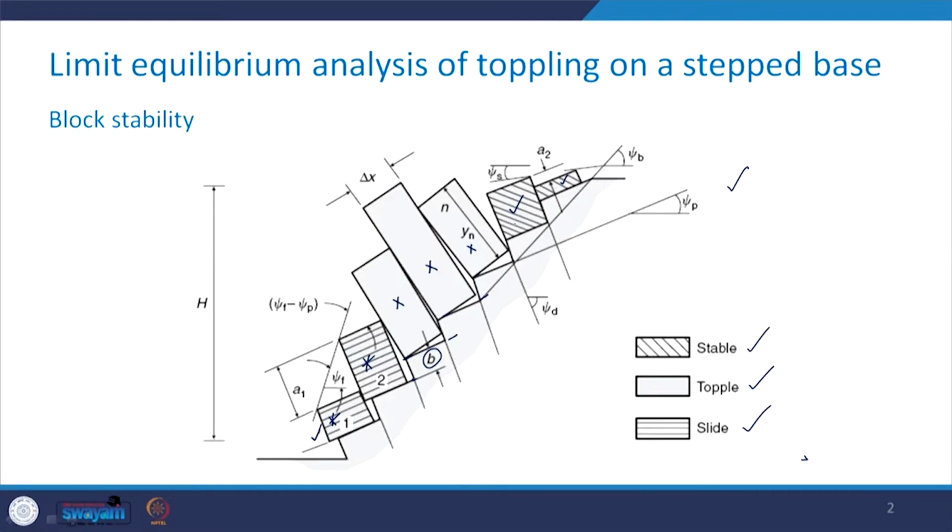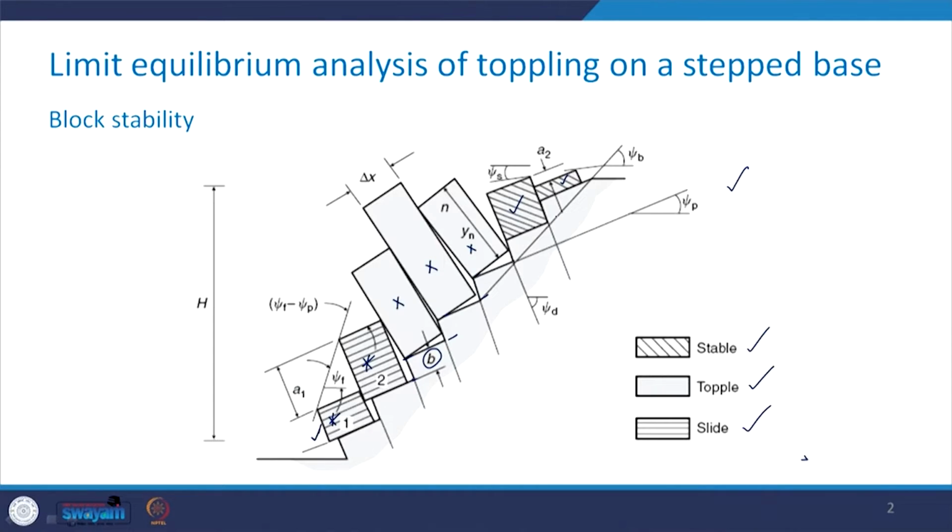If you recall, we obtained the number of blocks that will be present in such a type of rock slope, and we represented that as N. Here, the lower part of the slope has one slope angle, however, above the crest the slope is something else.